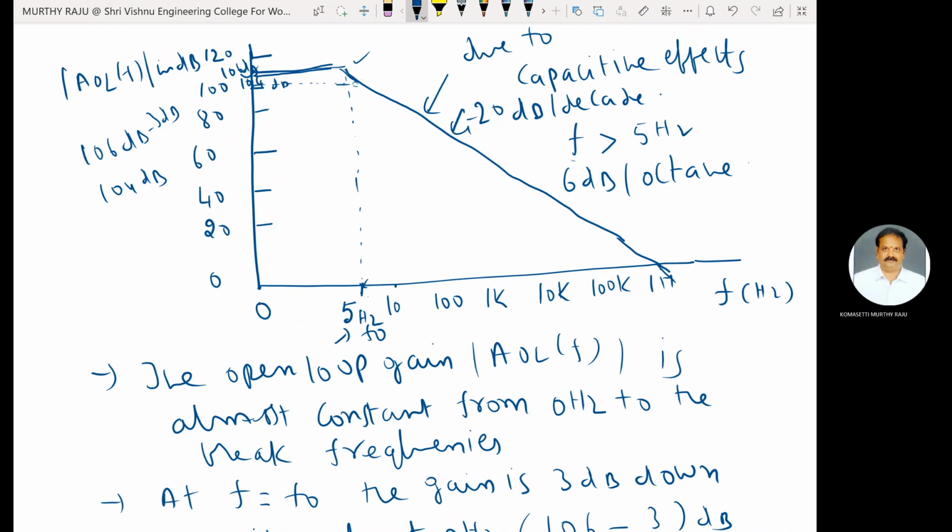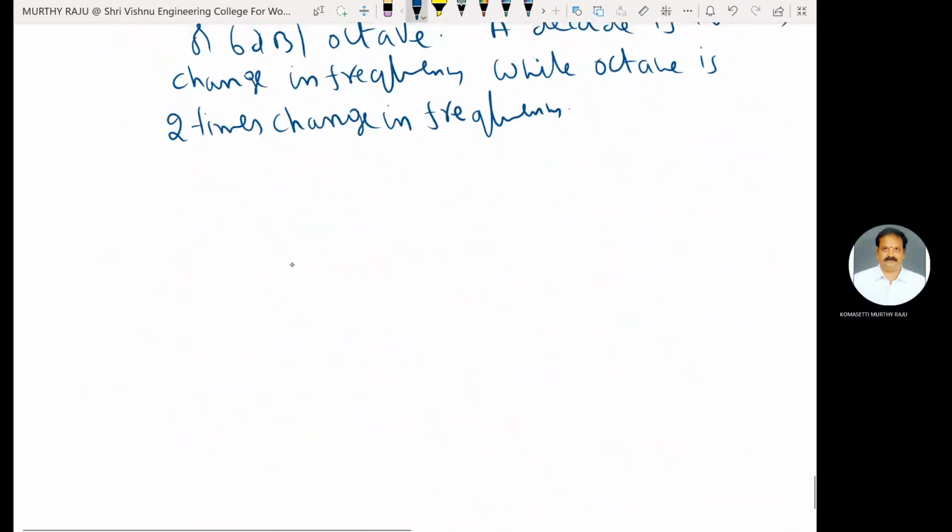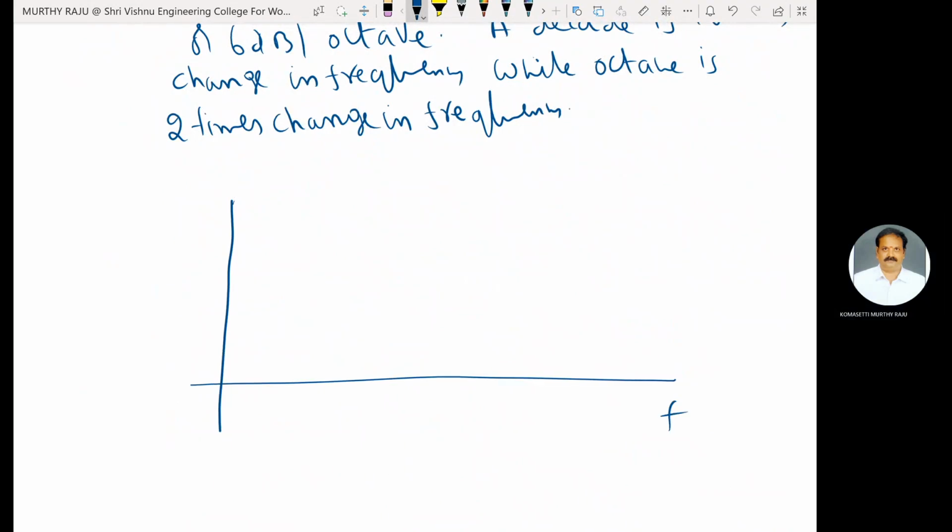Next, consider in normal values rather than in dB. Here the axes are frequency and AOL of f, not in dB.